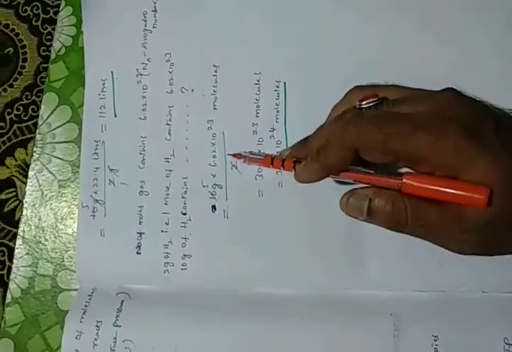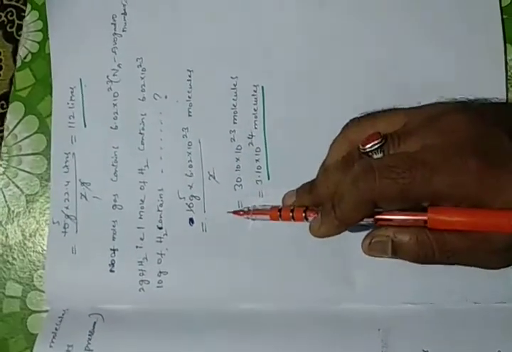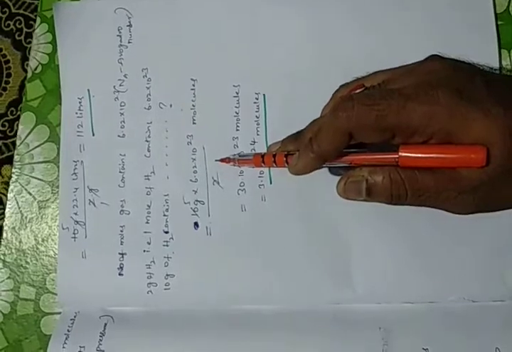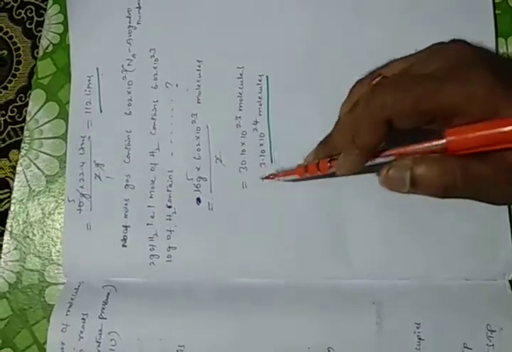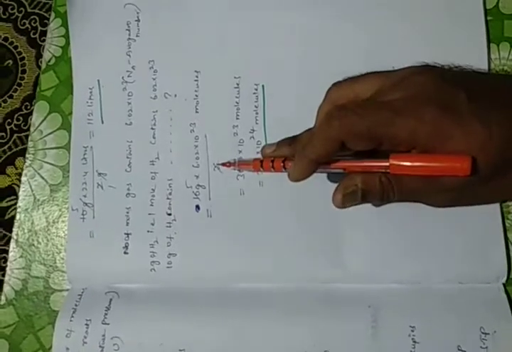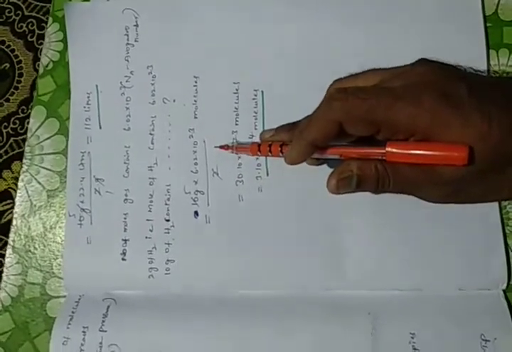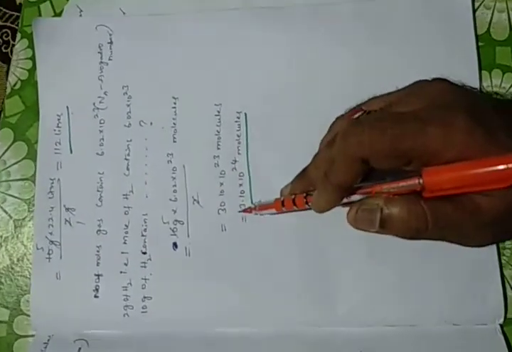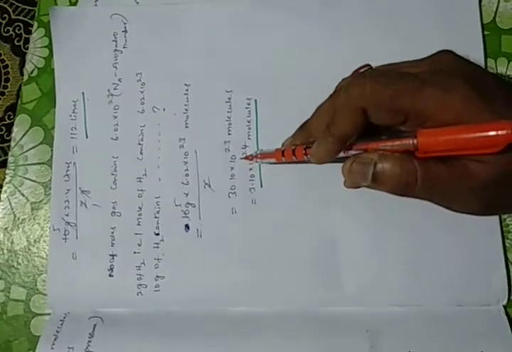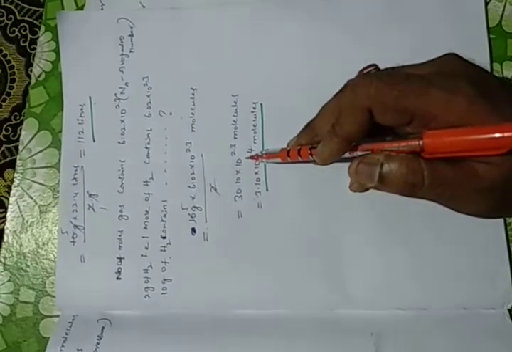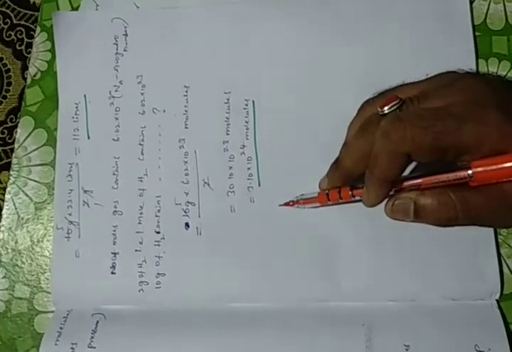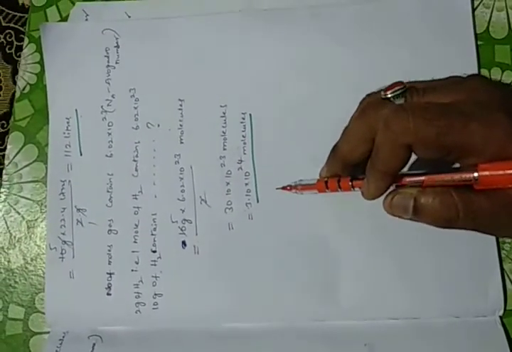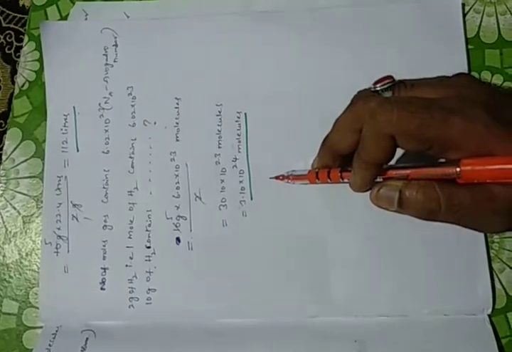Again cross multiplication: 10 into 6.02 into 10 to the power of 23 molecules by 2. 5 into 6.02 into 10 to the power of 23 gets 30.10 into 10 to the power of 23 molecules. We can write this as 3.01 into 10 to the power of 24 molecules.